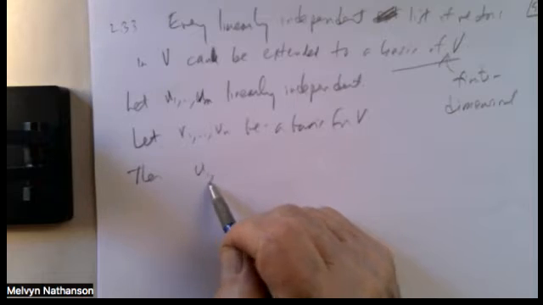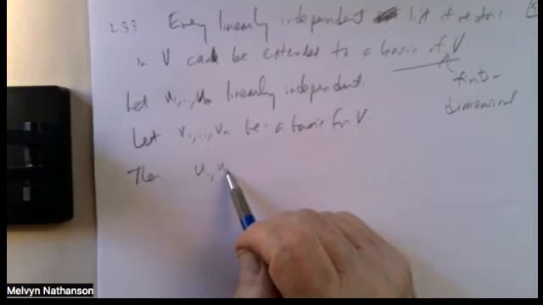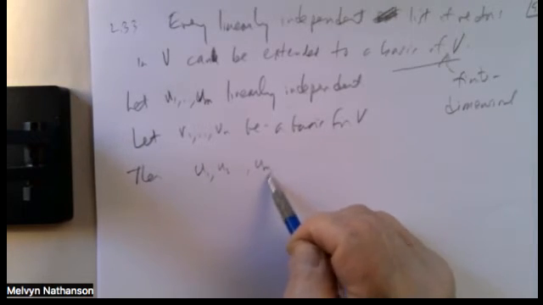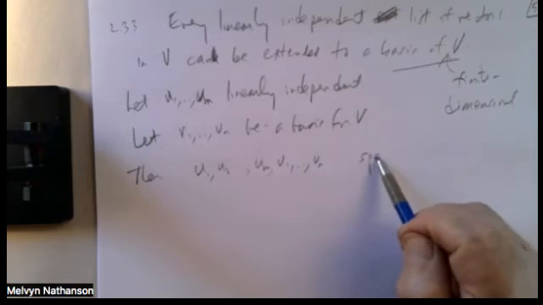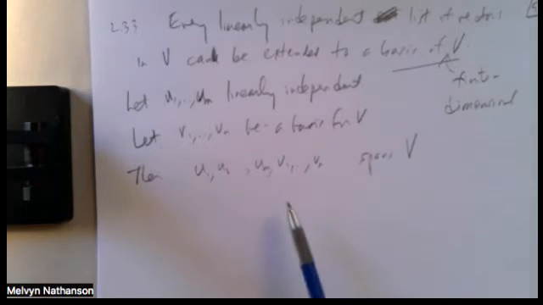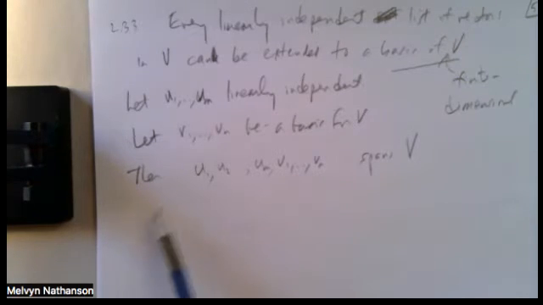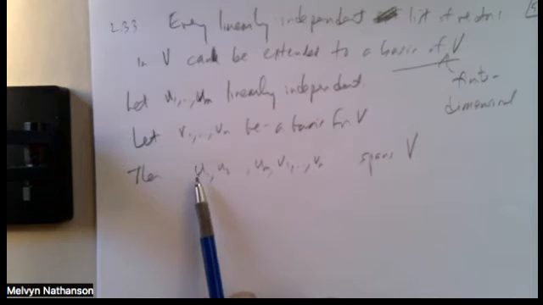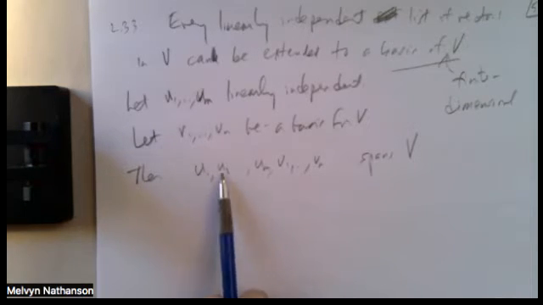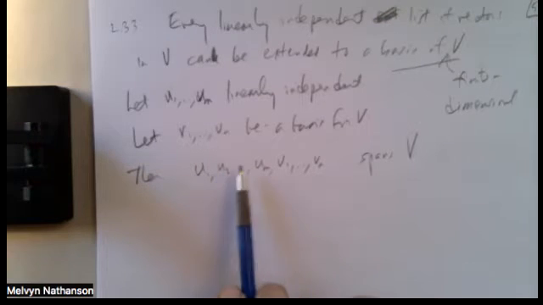So if I take all these vectors together in the following order, u1 to um, followed by v1 on up to vn, this set spans the vector space because just the set of v's spans the space. And our procedure to construct the basis from a spanning set is to take the first vector, and keep taking vectors so long as they're linearly independent.